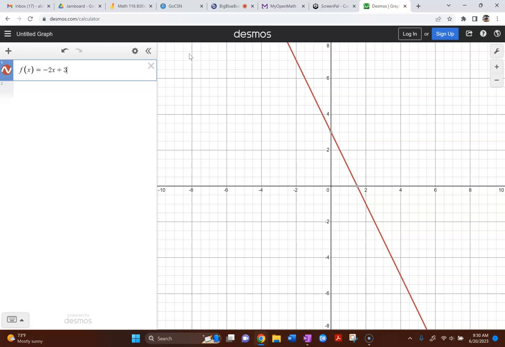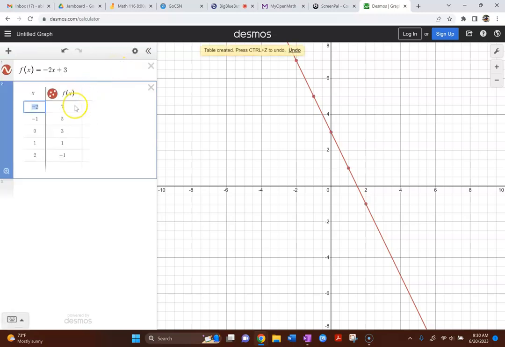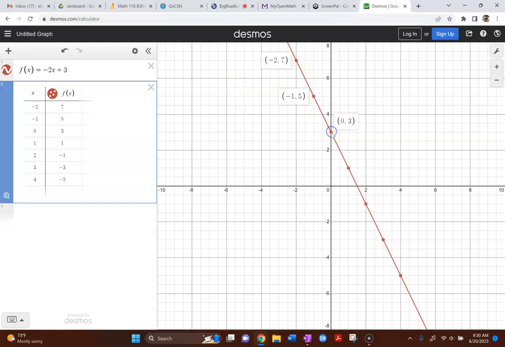In fact, if you want to check points, go up to this little settings thing, hit the edit list, and then you see the little create table. You can punch some points in. Notice it's already got -2, -1, 0, 1, and 2, but you could add some more, 3 if you plug 3 in, 4 if you plug 4 in. You see how it gives you those points? There's our -2, 7. -1, 5, and so on. I can click on the graph and it shows me those points I just plugged in.